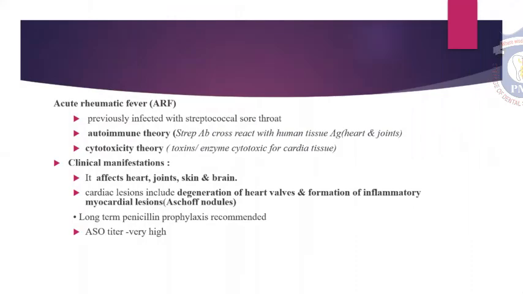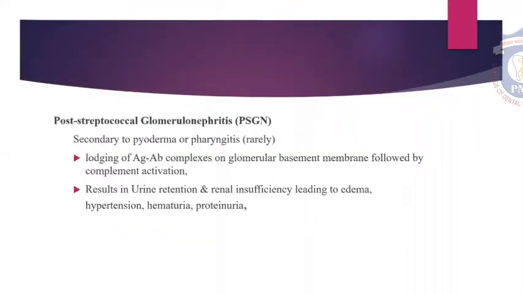What are the two theories? That is the autoimmune theory and the cytotoxic theory. Then clinical manifestations of acute rheumatic fever. Then we discussed post-streptococcal glomerulonephritis. So these are all about the clinical manifestations of Streptococcus pyogenes. Hope you understand. Thank you.